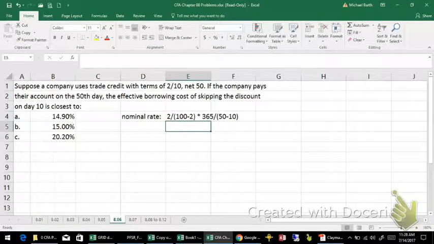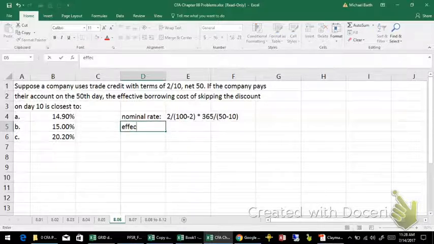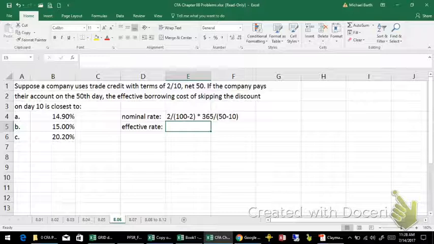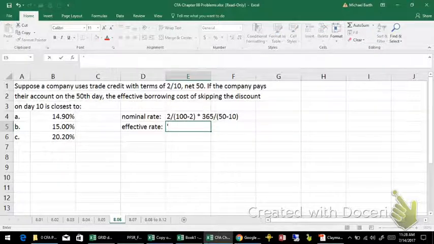That's the nominal rate. To calculate the effective rate, it recasts that in terms of compounding. The calculation for that: you take 1 plus the periodic rate, which would be 2 divided by 100 minus 2.